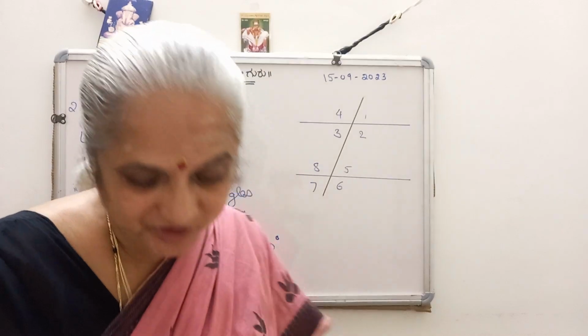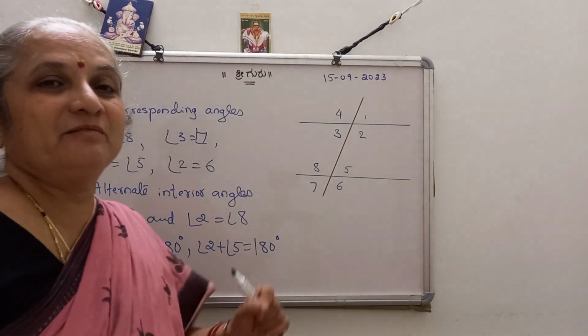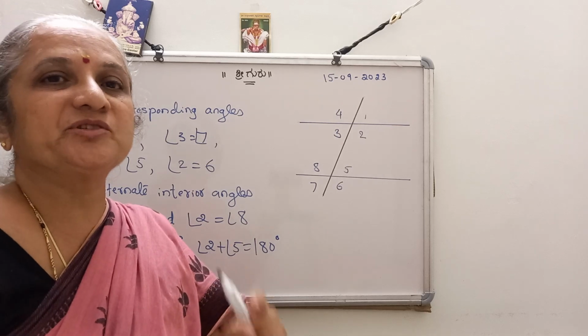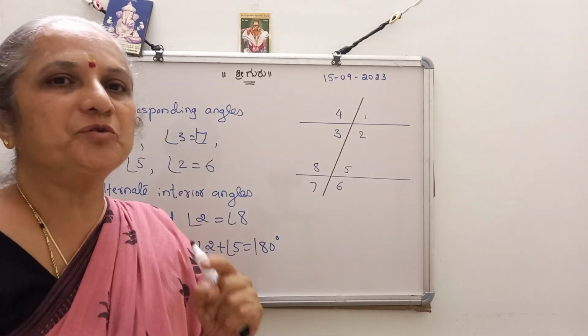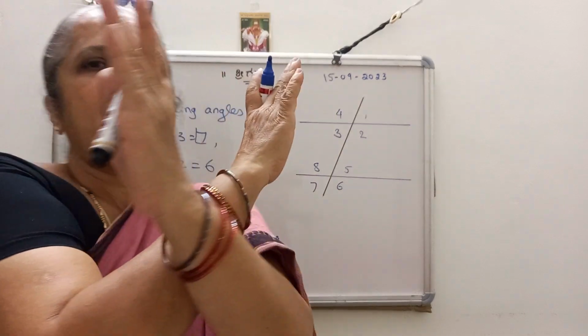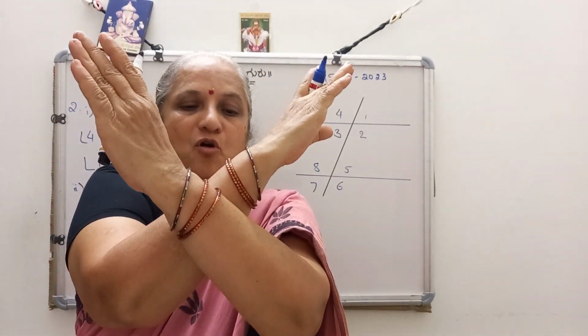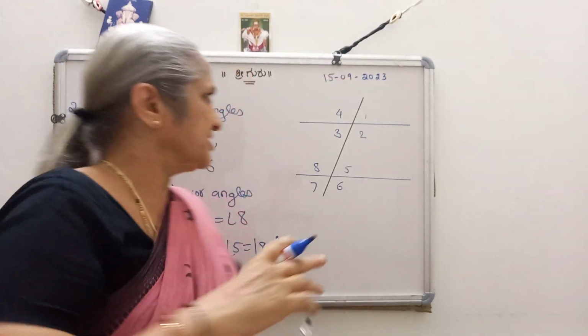The vertically opposite angles. Okay, fine. When vertically opposite angles are formed, when two lines intersect like X, four angles are formed at the point of intersection.